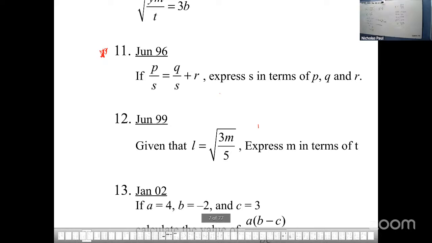Make S the subject of the formula. Take your time. And we're going into solving after this.